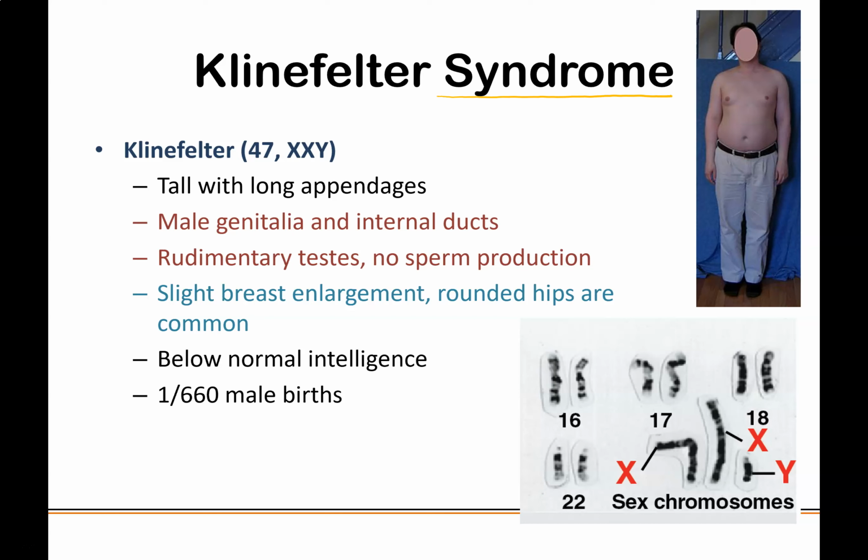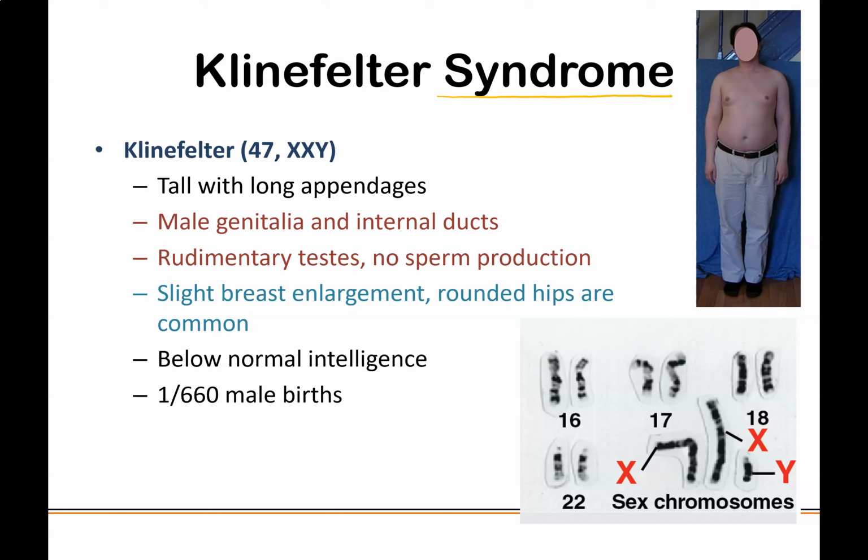But they don't have sperm production, and they don't have full development of the testes. They also tend to have some female characteristics, such as slight breast enlargement and more rounded hips than would be normal in males. This also does affect mental intelligence.